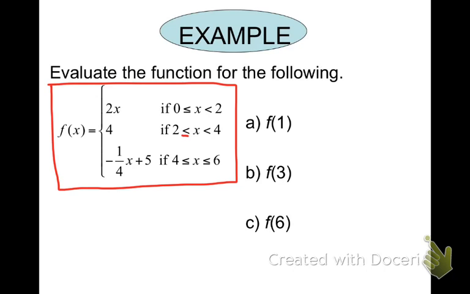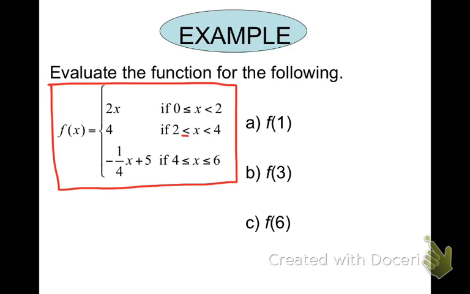Okay, so let's practice just evaluating numbers for this function. So we know function notation. We've seen this before, but now we just got this crazy function to deal with. So if I wanted to evaluate function f for 1, I need to figure out, well, where does that 1 fit into the domain?